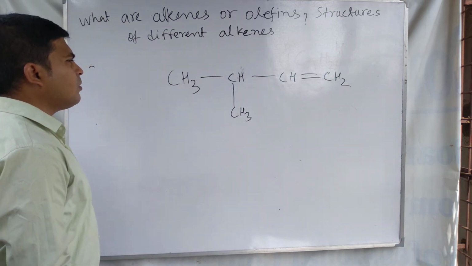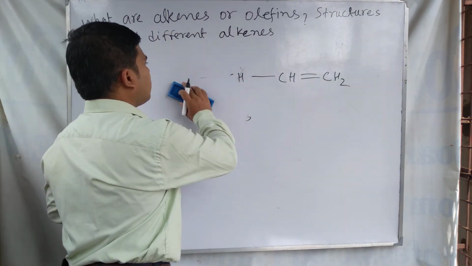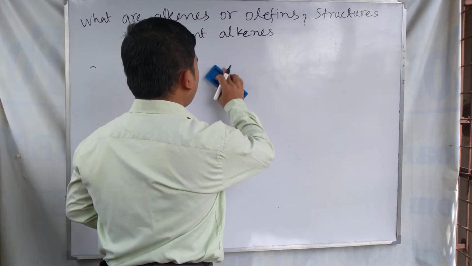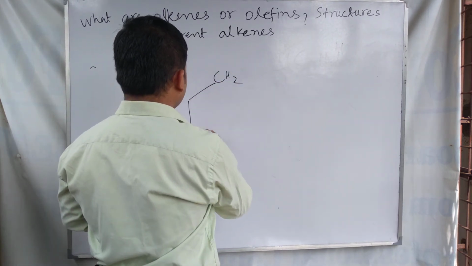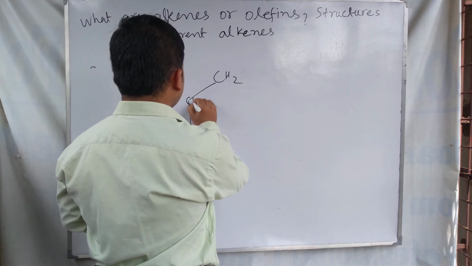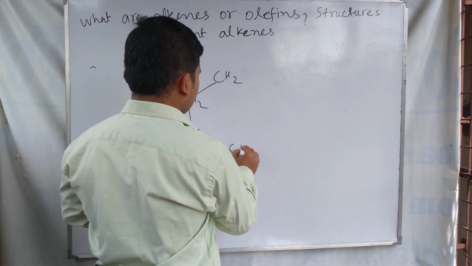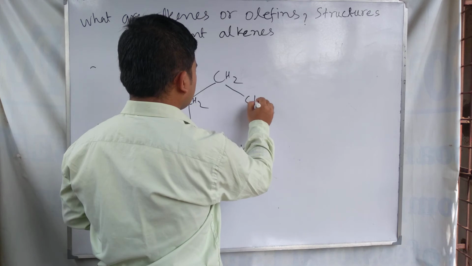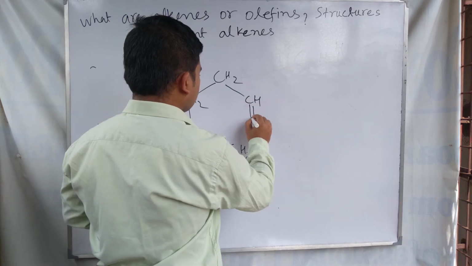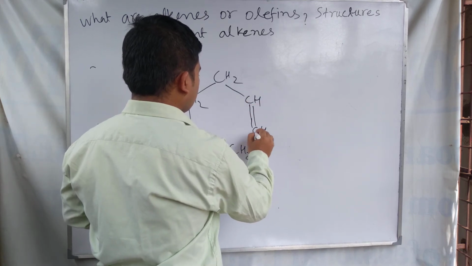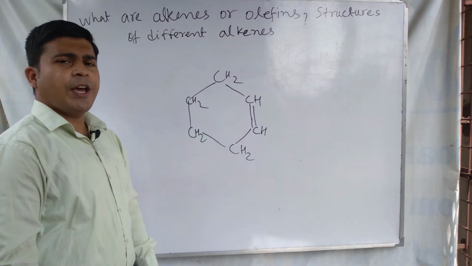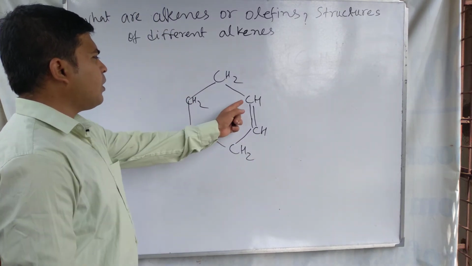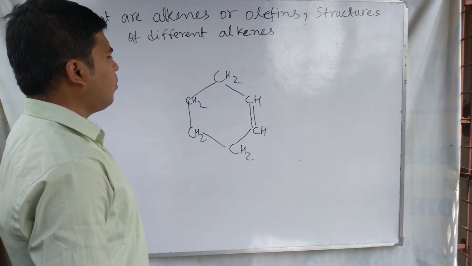Similarly, alkenes can be in ring form, like this one. This is a ring alkene, because one position of this ring contains a double bond.